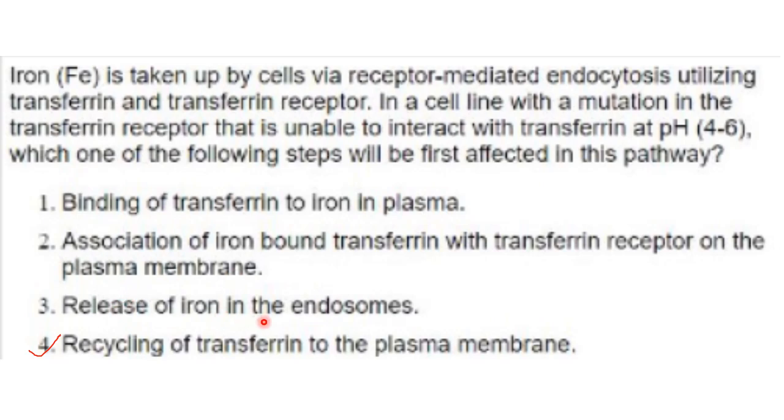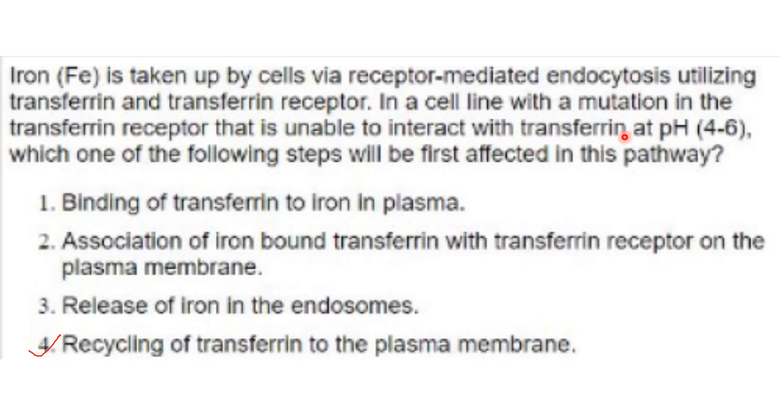Release of iron in the endosome. That also will not be hindered because the mutation is in the receptor. So release of iron is not going to be affected. But one thing will happen along with iron: the transferrin also will be dissociated because pH is 4 to 6 in the endosome.